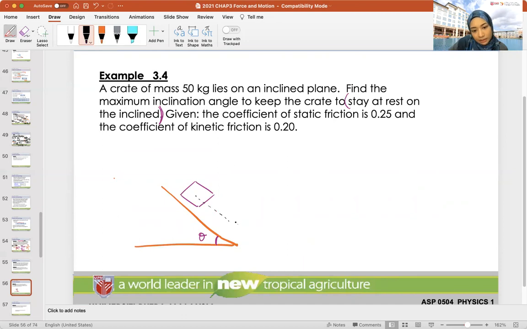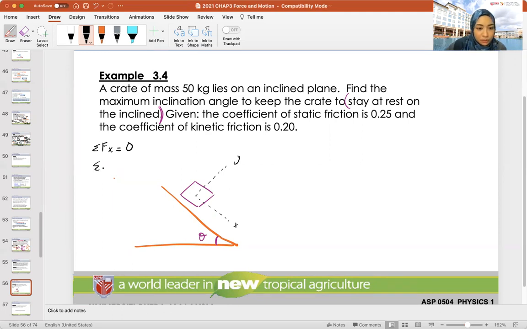This is our x-axis and this is our y-axis. We want to stay at rest in the x-axis. So that is our condition. Is my box going to be flying on this inclined plane? No. Therefore, net Fy equal to 0.